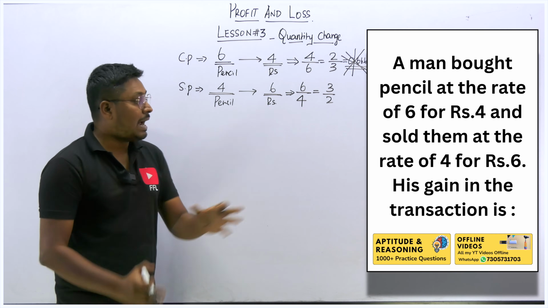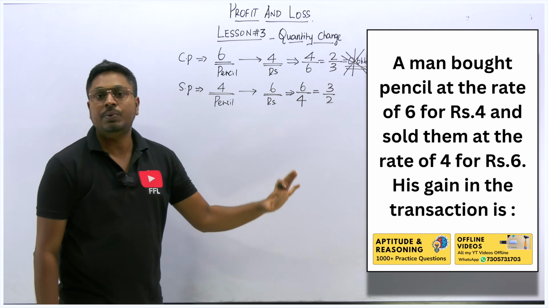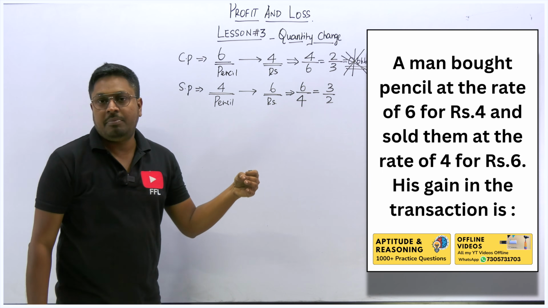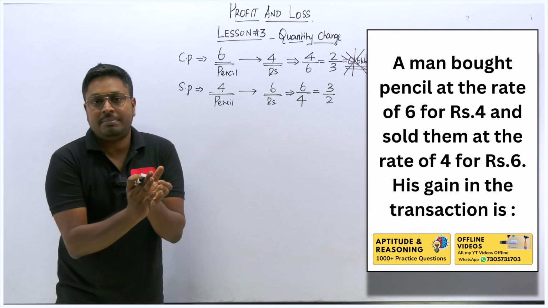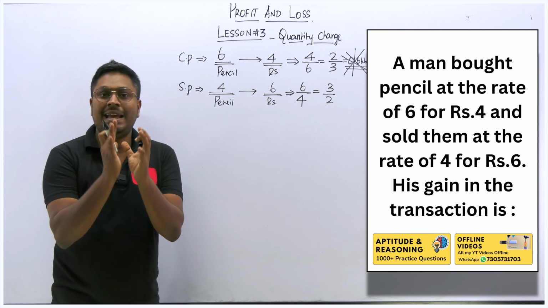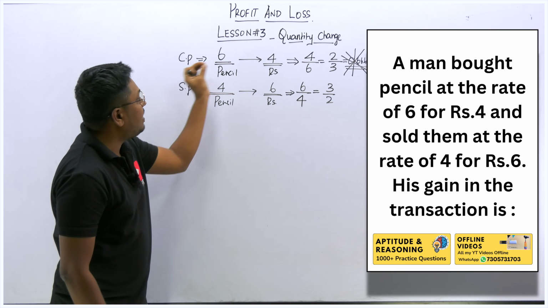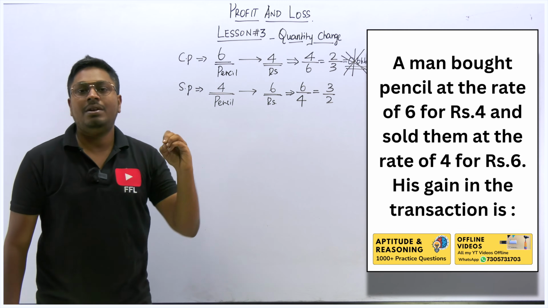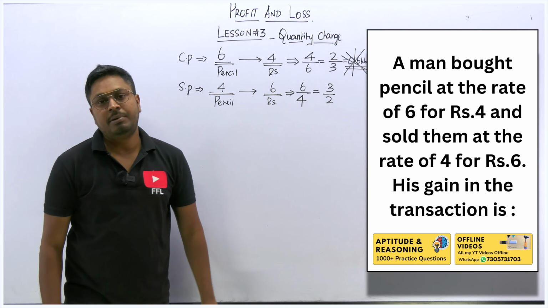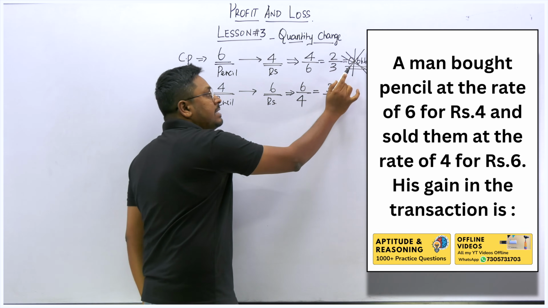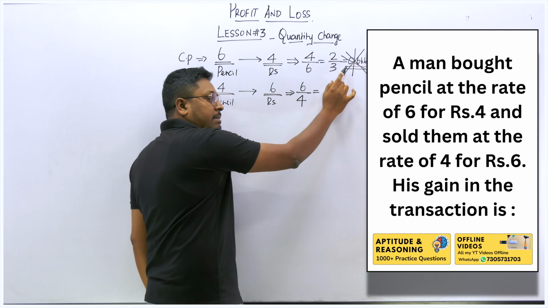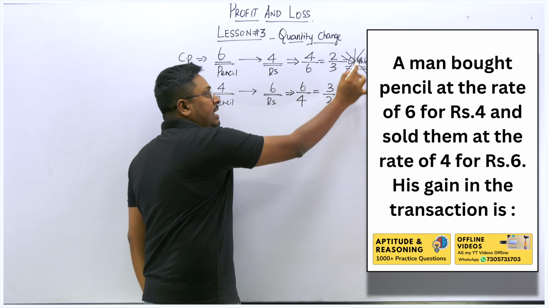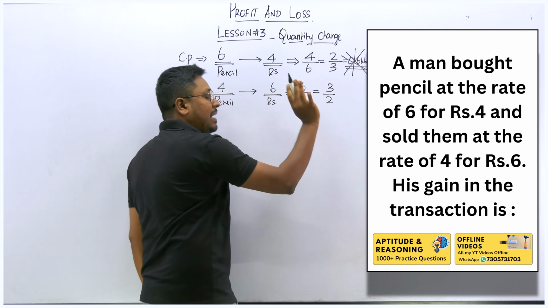Remember one thing, if we are getting a decimal point, at the last we can approximate and find the answer. While solving the question, at the beginning stage itself, do not try to convert the fraction into a decimal point. If you convert into a decimal point here, you will definitely make a mistake, right? Keep the fraction value as it is.